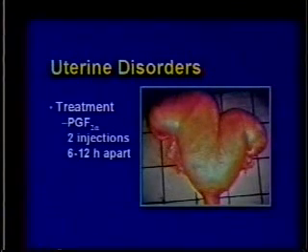We can give these cows some prostaglandin F2 alpha, 25 milligrams, but it is best to give a couple injections because the corpus luteum is very well embedded, and a single injection may not last long enough to get full regression and ischemia of the corpus luteum.